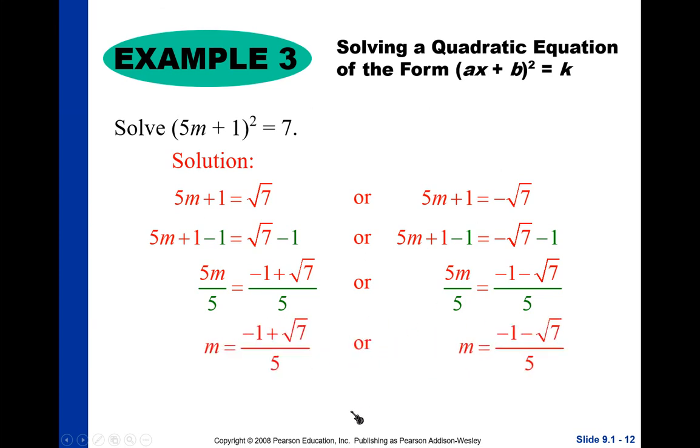So, ito yung magiging sagot natin: m is equal to negative 1 plus square root of 7 over 5, or m is equal to negative 1 minus square root of 7 over 5. So, ano yung mga sets niya? Negative 1, positive or negative square root of 7 over 5.